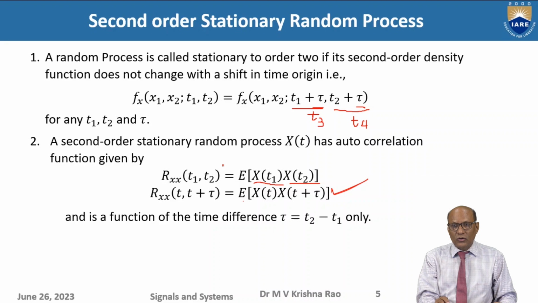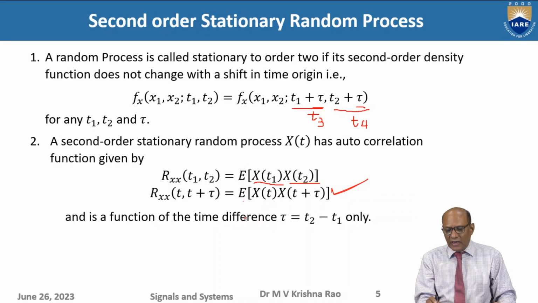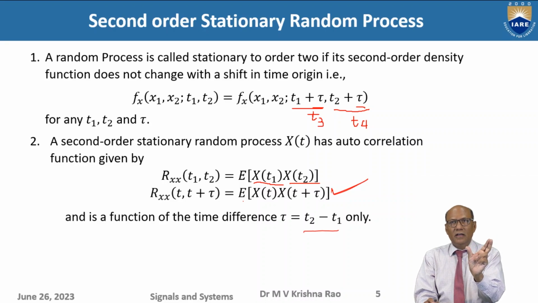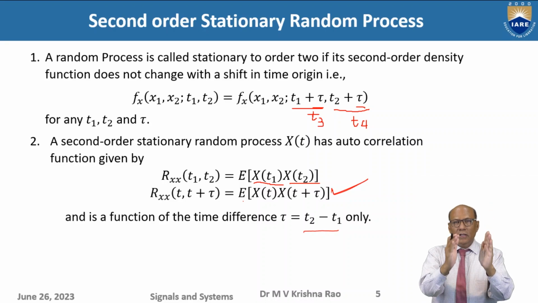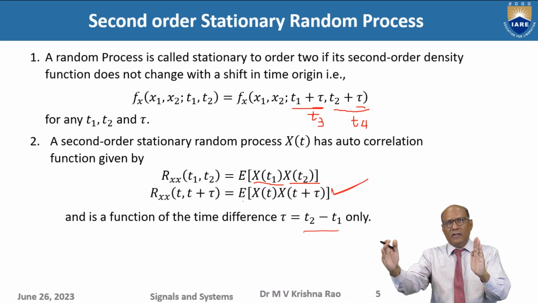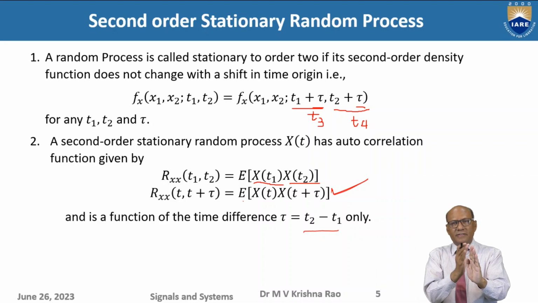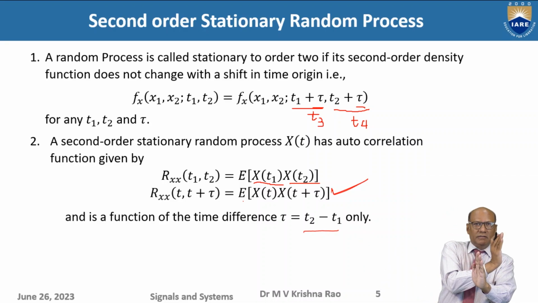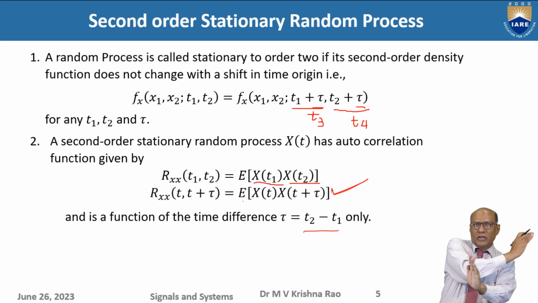This autocorrelation function is a function of the time difference T2 minus T1 only. Tau is one value. Then again go to another: another tau means keep T1 here and shift T2. Increase the tau again and again, like that for different values of tau. In the same way on the left side, minus tau, you go on increasing.